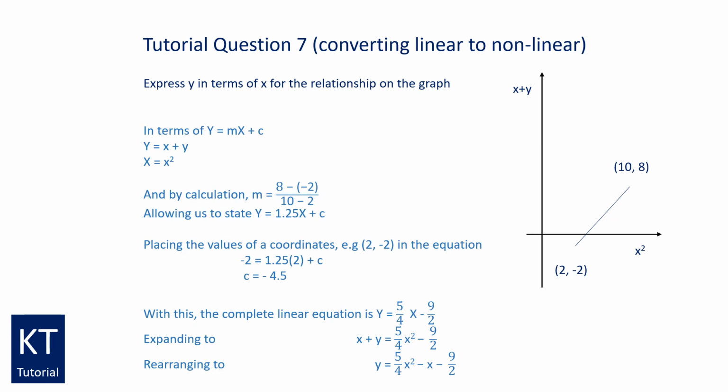Also from the graph, we could calculate its gradient from its 2 points, allowing us to state that capital Y is now equal to 1.25 capital X plus c. By placing one of the coordinates into this equation, we could then identify c. With this, we could write the complete equation and expand it such that you would have it represented purely as y in terms of x.